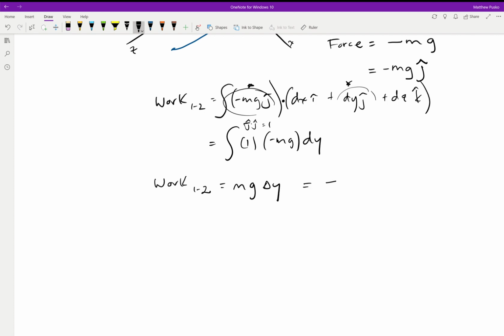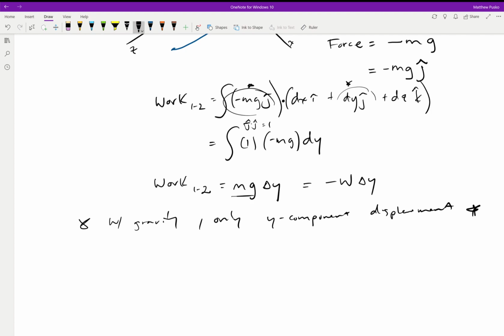You may see this as a minus W delta y, I just like the mg. So with gravity, only the y component of displacement matters, and that is because that is the component in line with the gravitational force.